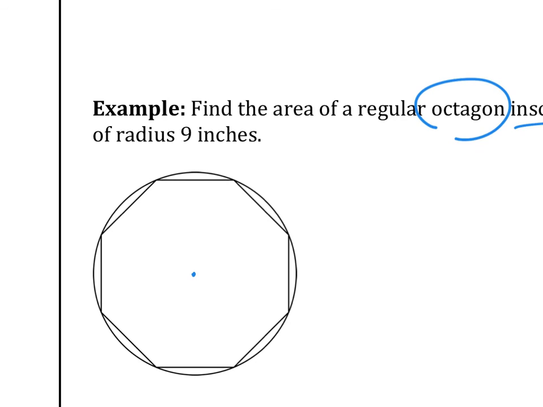So the way I drew the radius is not helpful. What helps is knowing that this is an inscribed polygon. That means the polygon is actually touching the circle. So from the center to the vertex is 9 because that's the radius.